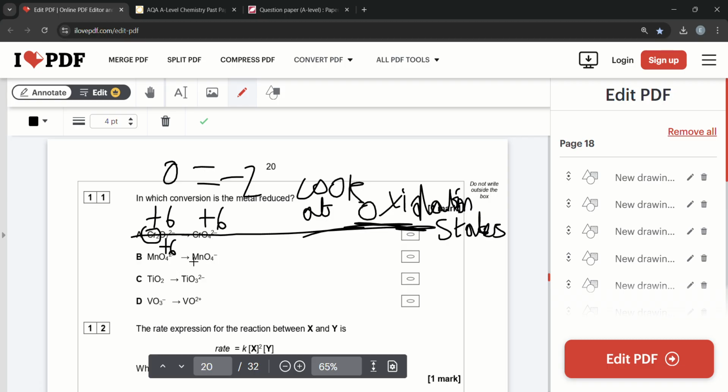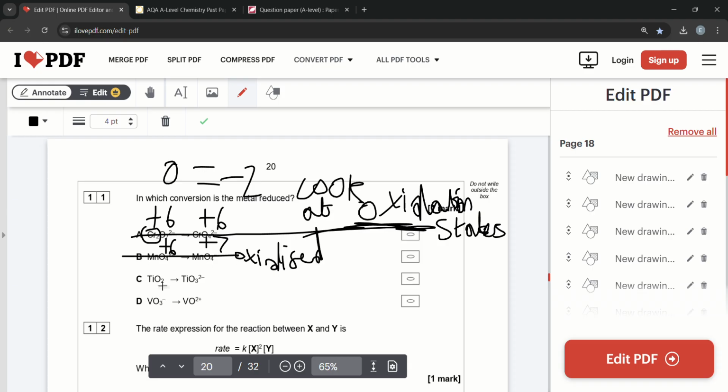I'm just double checking. B: minus 8 plus 6 gives minus 2. Yep. And then for the products, minus 8 plus 7. That's been oxidized. We don't want that. We want the conversion in which the metal is reduced, so it can't be B.